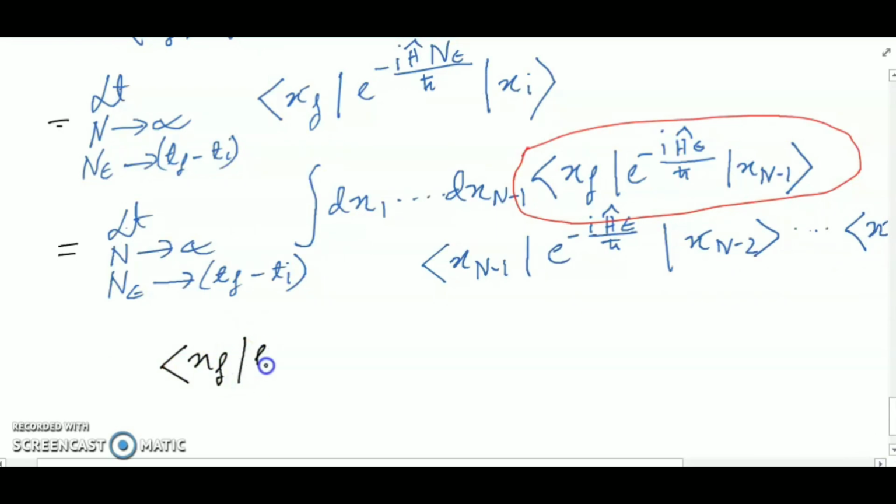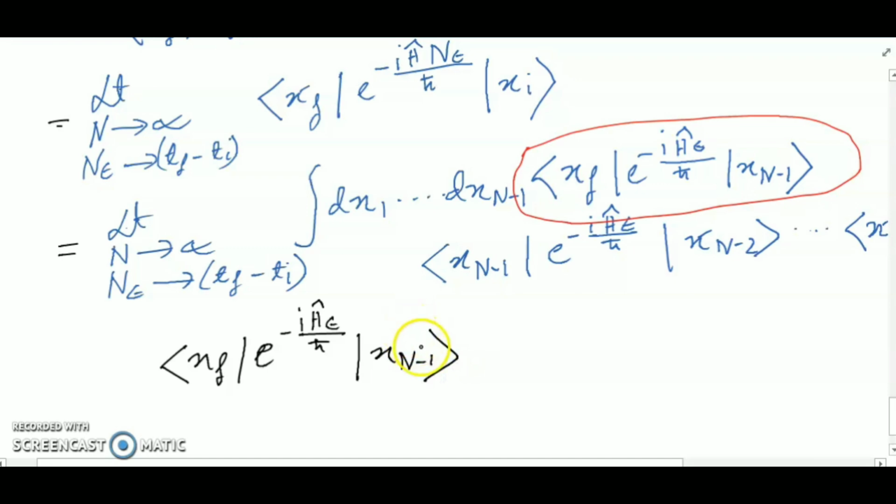xf e to the power minus i H hat epsilon divided by reduced Planck constant x n minus 1.